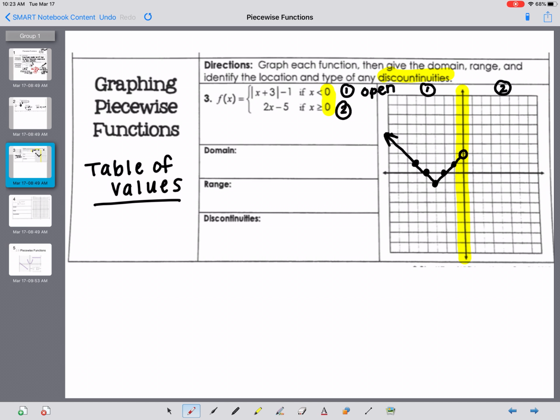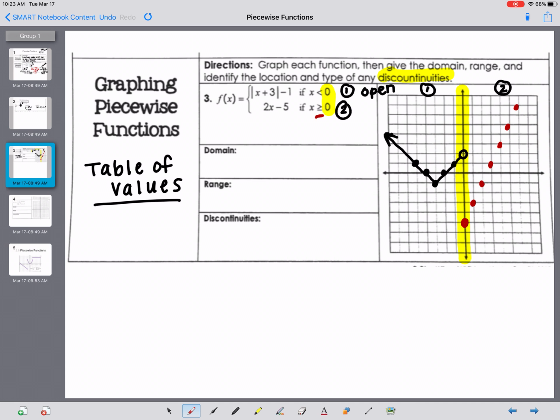My y-intercept is at -5. So I'm going to go to -5, and I'm going to have a closed-in circle because of the symbol. If my slope is 2, that means I'm going to go to the right 1, up 2, to the right 1, up 2, to the right 1, up 2, and just keep going.